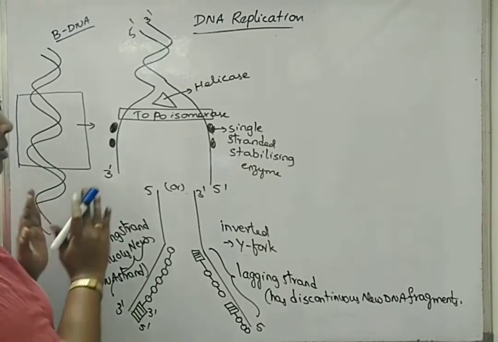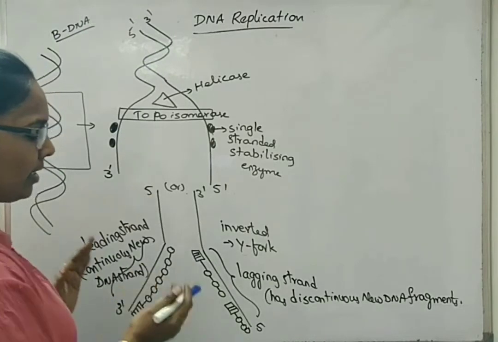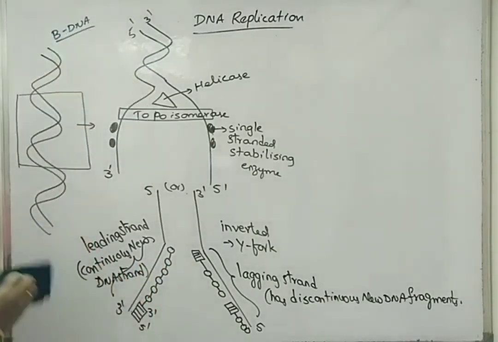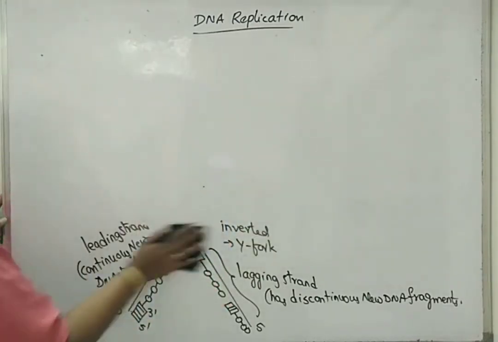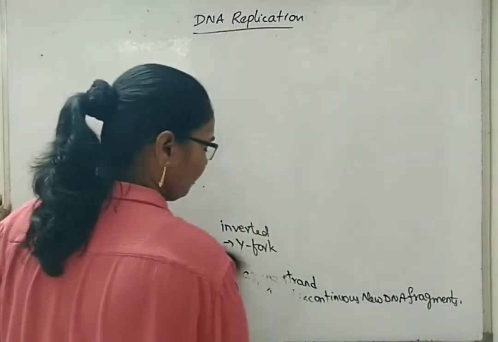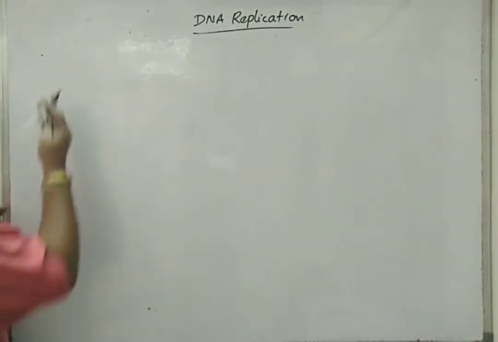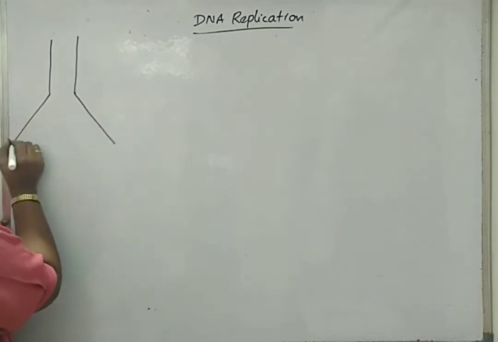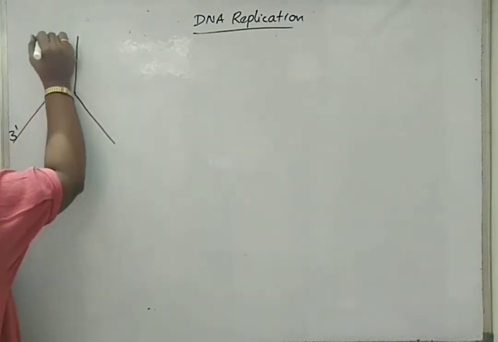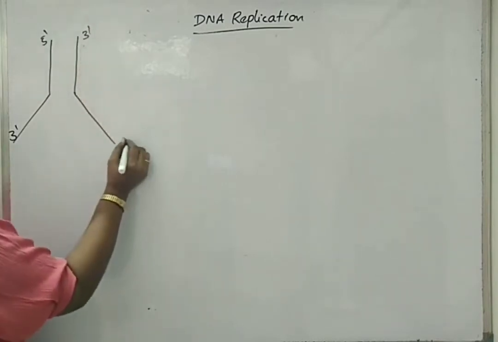Now we will see how the DNA autocatalysis is getting extended and how the new DNA strand is continuously formed. Think that initially the inverted Y fork is like this. So this is 3', 5'. Again this is 3' and 5'.